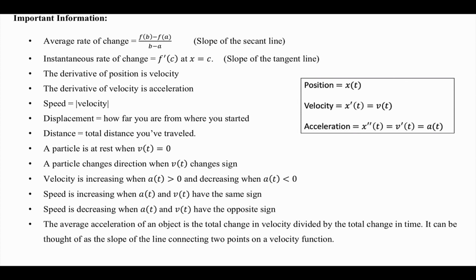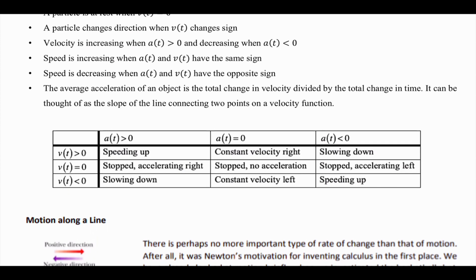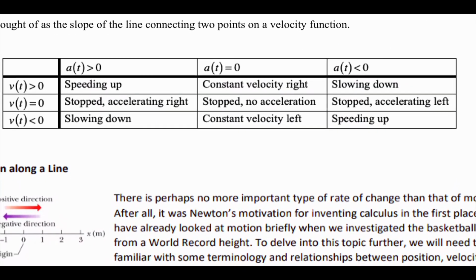When is speed increasing? Speed is increasing when acceleration and velocity have the same sign. Speed is decreasing when acceleration and velocity have opposite signs, because they're going to ask us questions. Is the speed increasing? Is the speed decreasing? This is where we're going to go. Okay, and then here's the table. The table kind of gives that same thing.